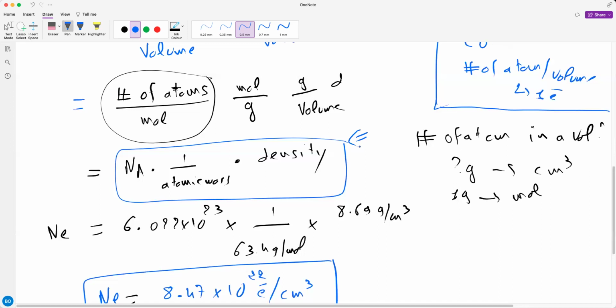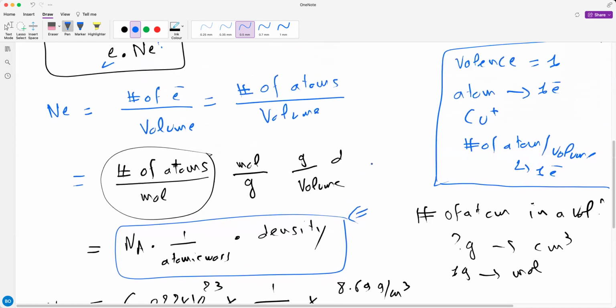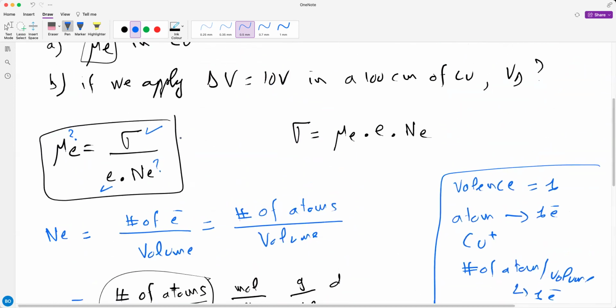If we have questions asking us to get from the valence and from the density, how can I use this formula? For example, this formula is straightforward. In this problem, I asked you to calculate the mobility of electrons.